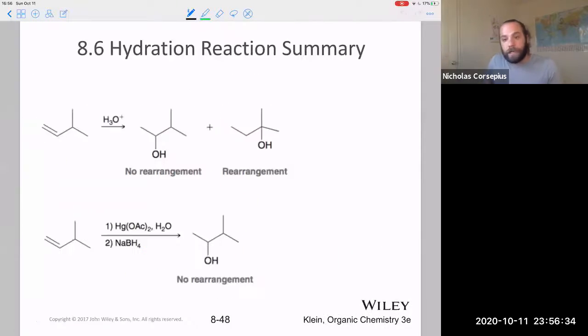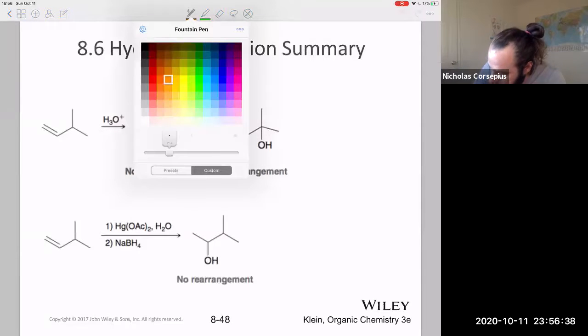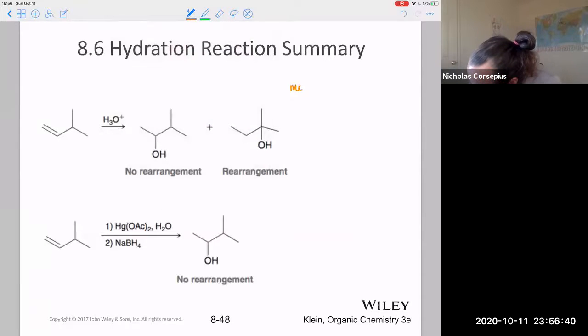Okay, so again, just to summarize, get a little cheat sheet going here. For acid catalyzed hydration, you do have to know the mechanism for that. And again, that goes through that carbocation intermediate.